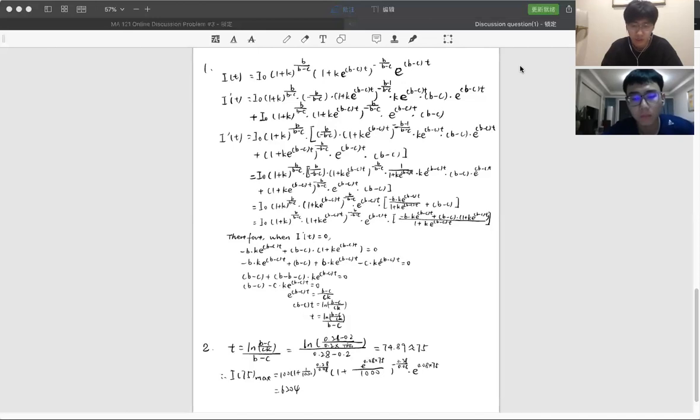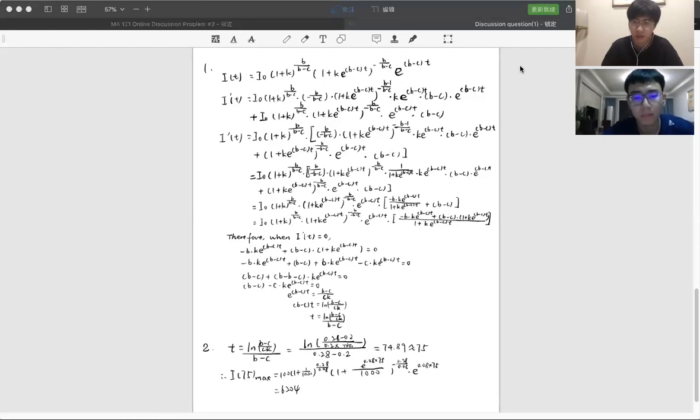For sub-question 2, they were asking for the exact number of infected people. So we can just simply substitute the number 75 into the initial equation the question gave us, which means substituting 75 into the equation, and then we get 6,204.